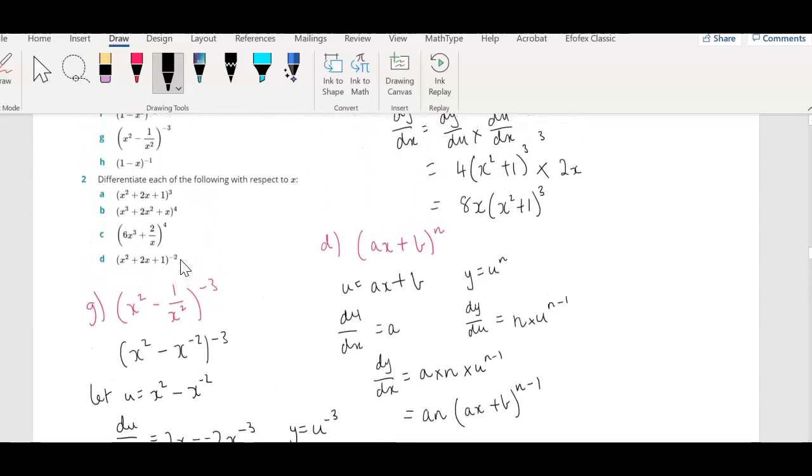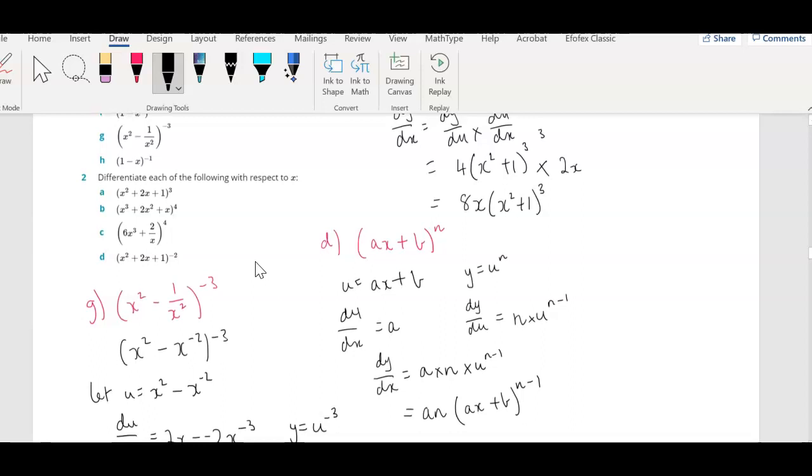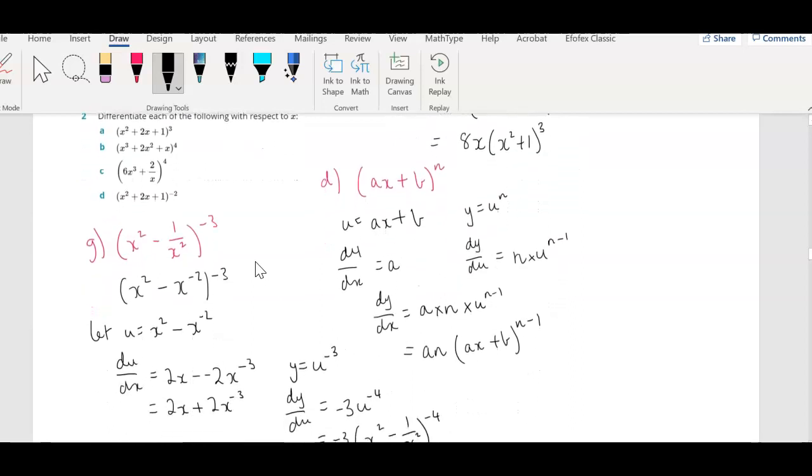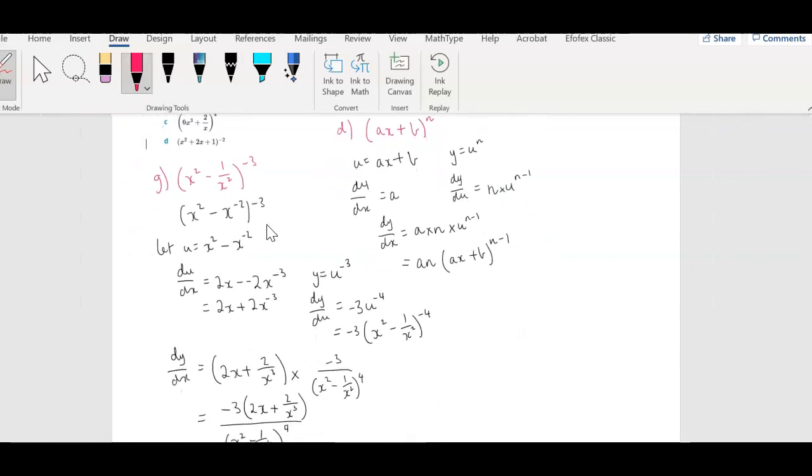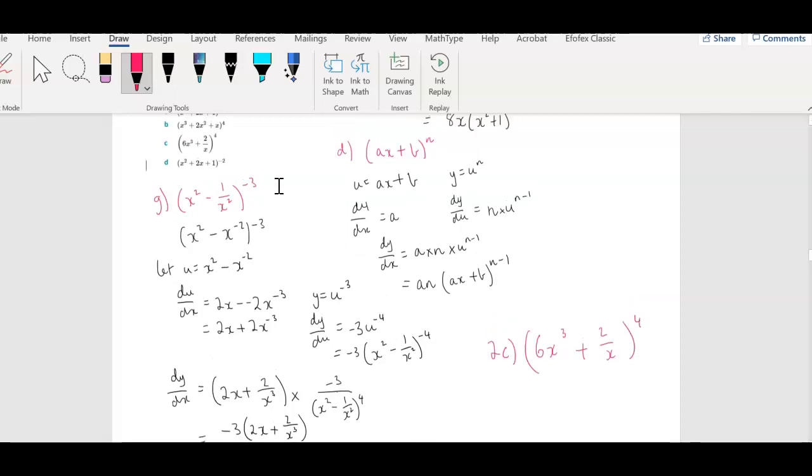Let's have a look at question 2. We're still using the chain rule. Let's do C. So 2C: 6x cubed plus 2 on x, all to the power of 4, it looks like.